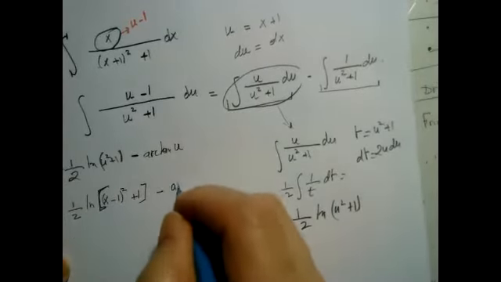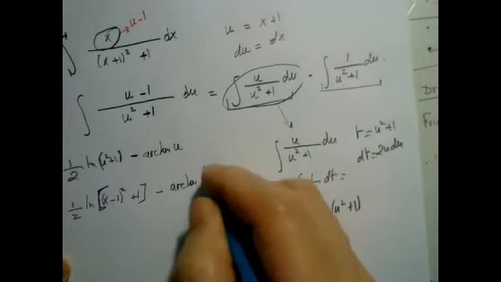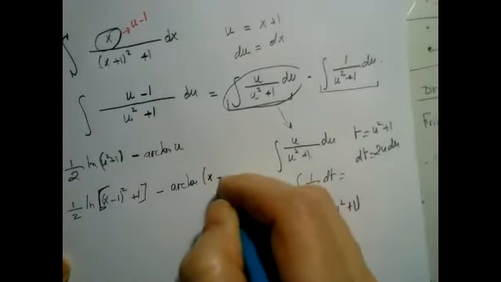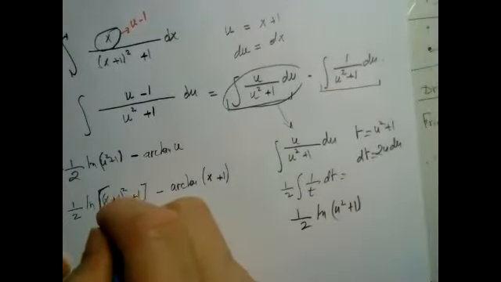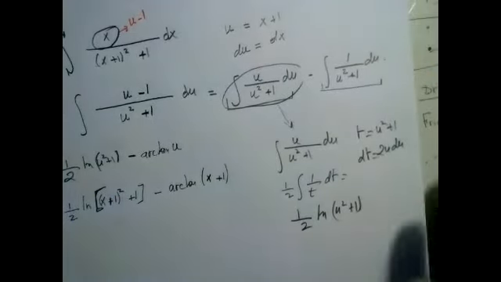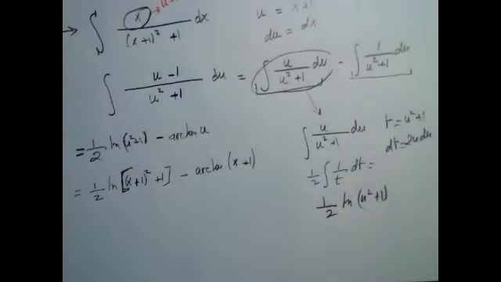Minus arctangent of x, x plus u is x plus 1. Okay. Now I go back to my definite integral.